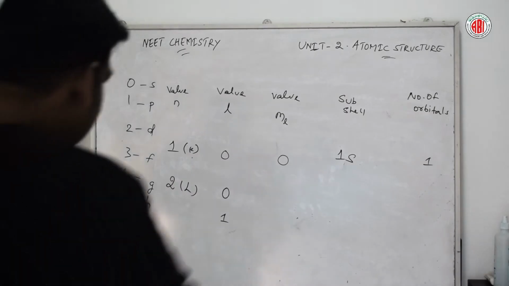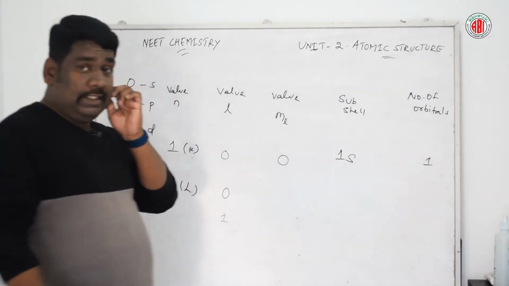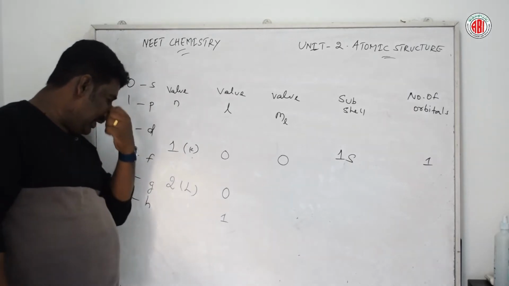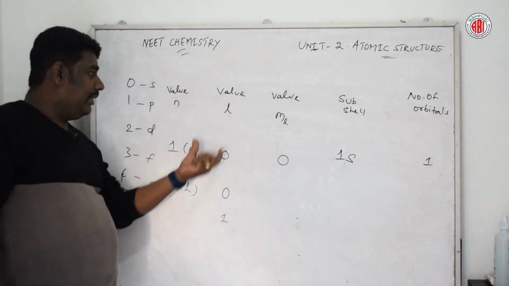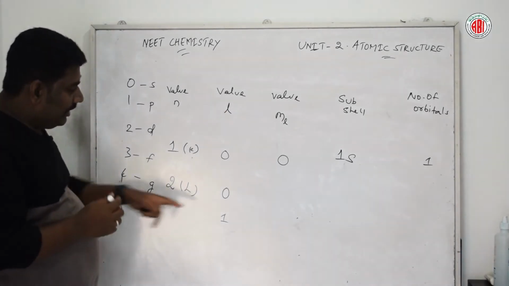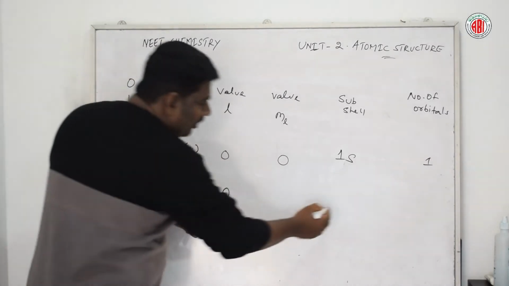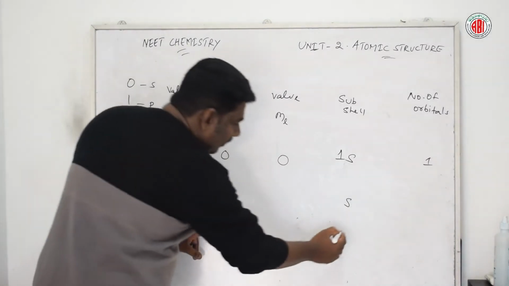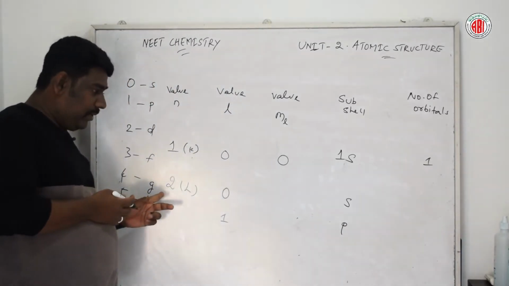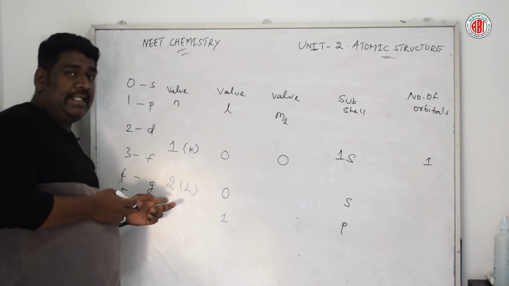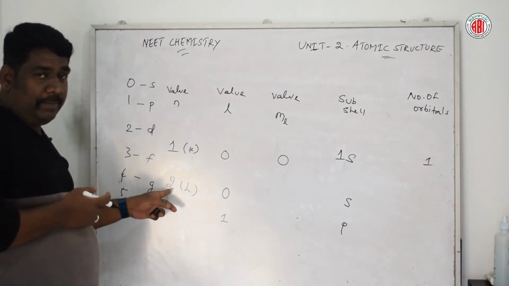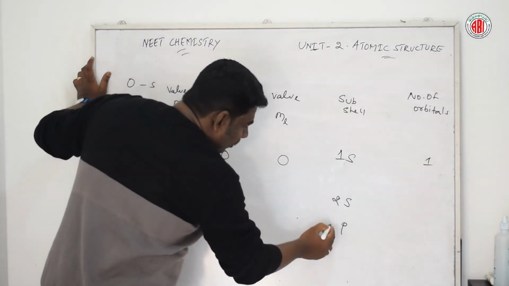For the principal quantum number 2, the L shell, the values of l are 0 and 1. 0 always stands for s orbital, and 1 always stands for p orbital. For the s orbital we write 2s, because the principal quantum number is 2, so 2s and 2p.